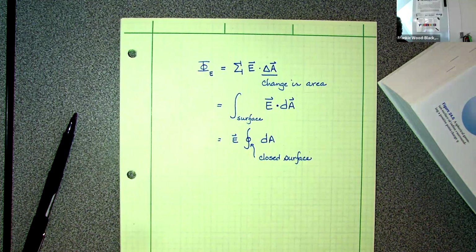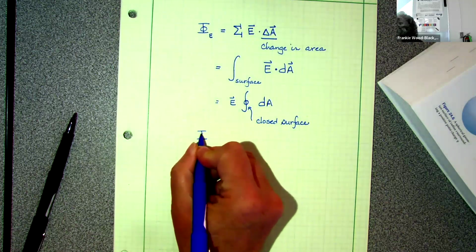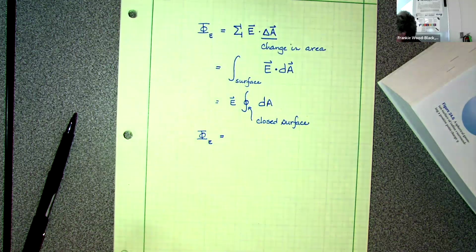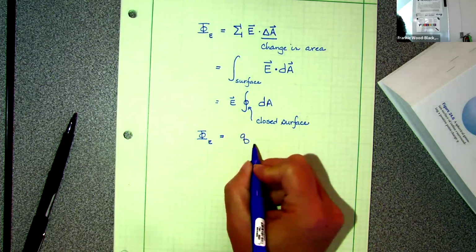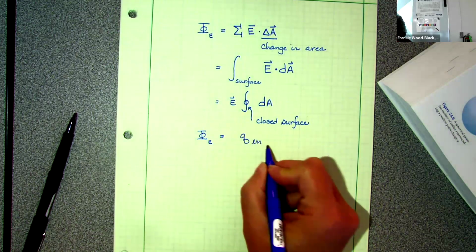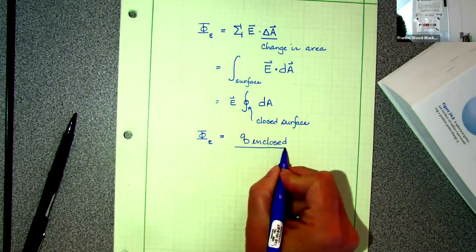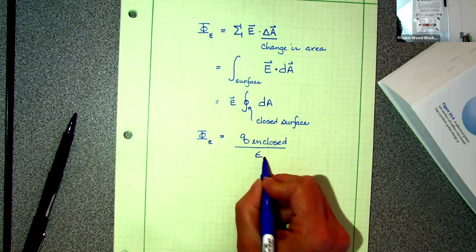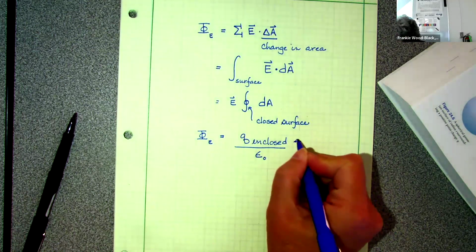And what that ultimately is going to come out to be is that my electric flux is going to equal the charge enclosed divided by the permittivity of free space. And that's enclosed.